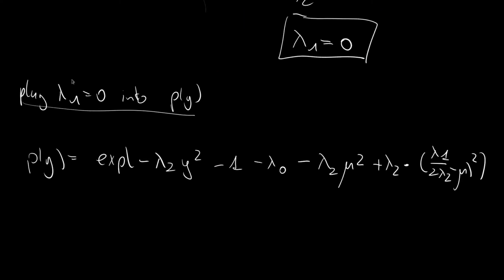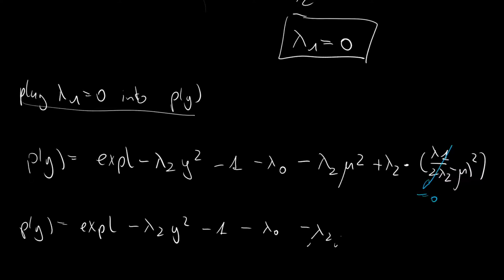Then let's plug in lambda 1 is 0 in here. And then we see that this will be 0. And then we have p of y is the exponential of minus lambda 2 y squared minus 1 minus lambda 0 minus lambda 2 mu squared plus lambda 2 mu squared, and then it also works that these two cancel.